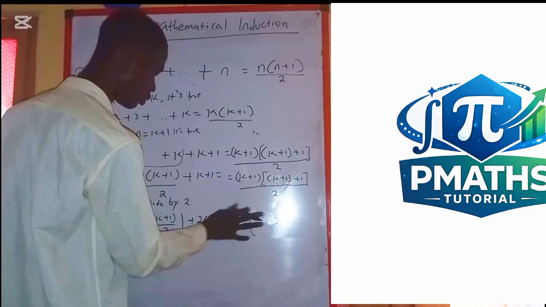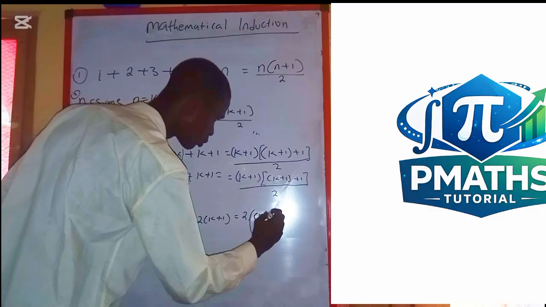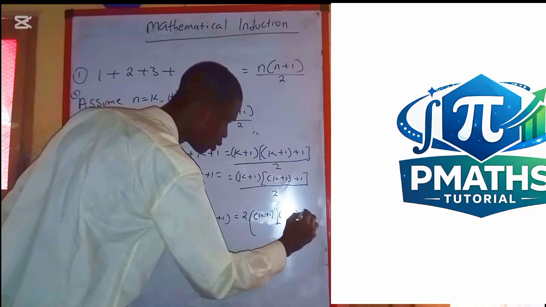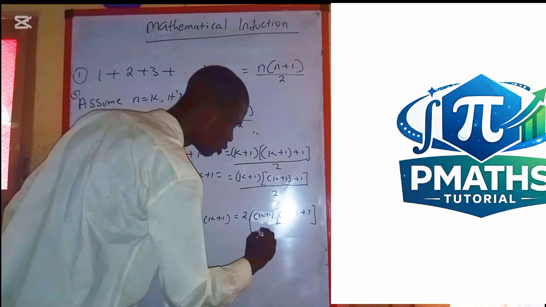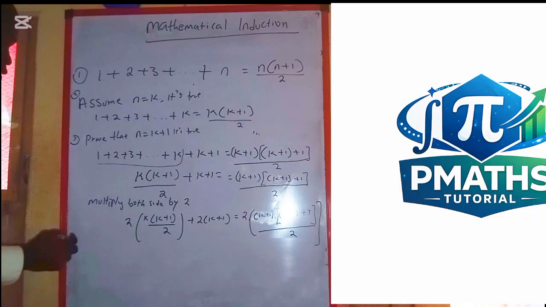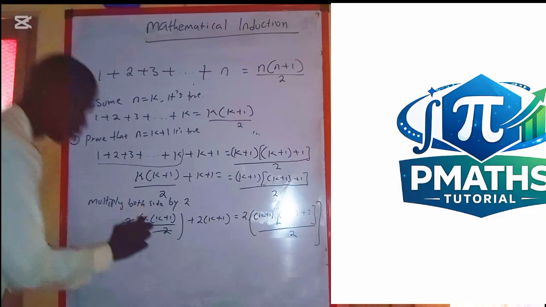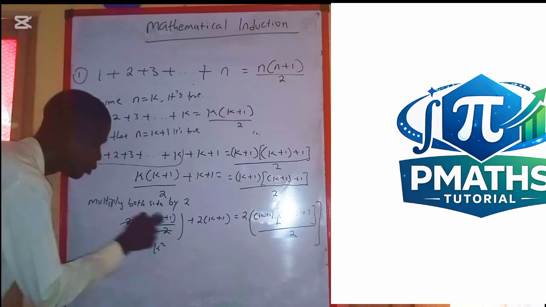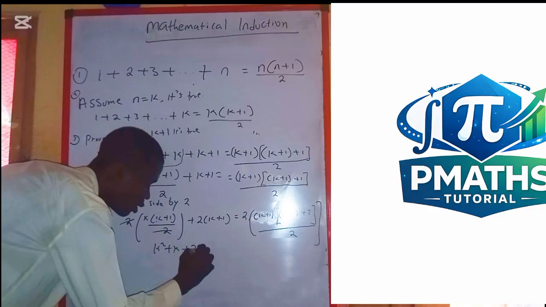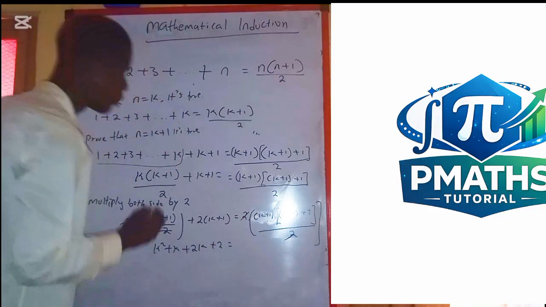And k plus 1, k plus 1 plus 1, over 2. So the 2 cuts out, then k times k is k squared, k times 1 is plus k, plus 2k plus 2, equals k plus 1 times k plus 2.